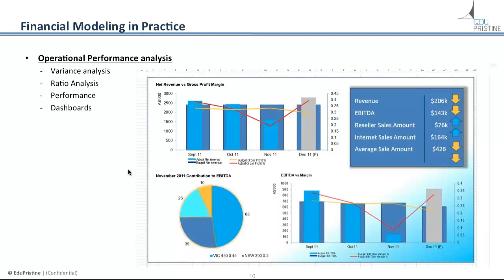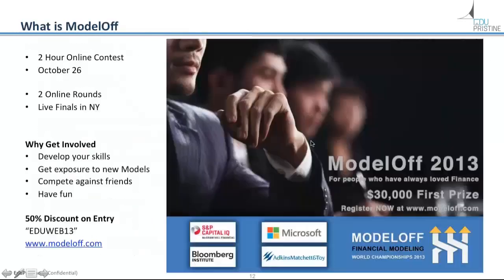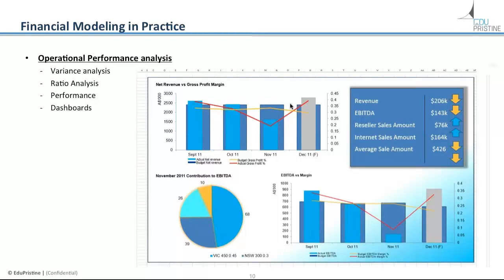So these sorts of analysis all come out of the elements in your three-way model, your balance sheet, your profit and loss. And if you look on the other side, things like EBITDA, or return on assets, return on sales, they'll also lead into things like your mergers and acquisitions type processes, working out, for example, enterprise value.